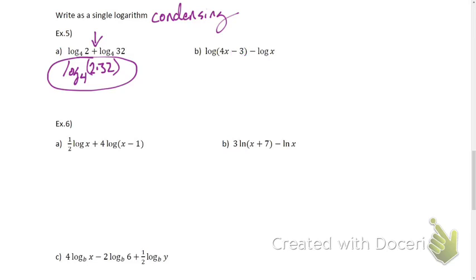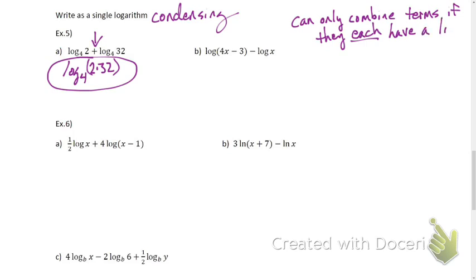So I can only combine terms if they each have a log. And so that -3, it's attached to the 4x with parentheses.